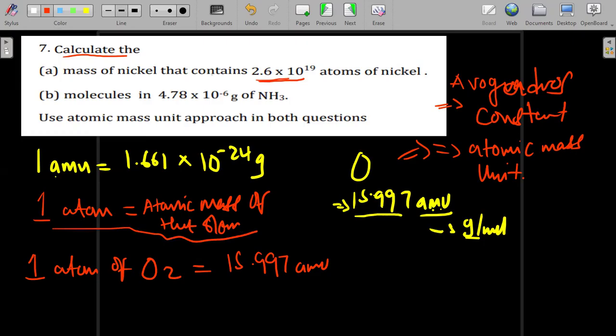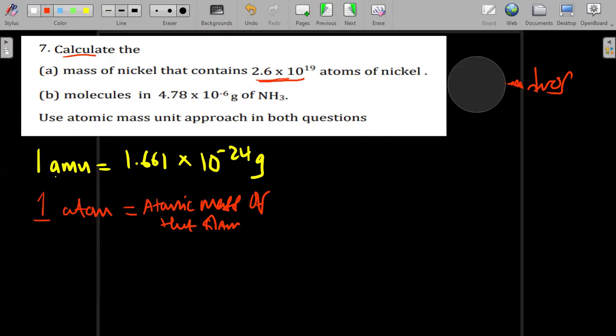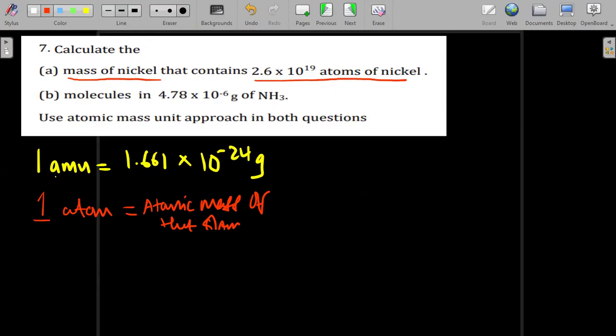We are going to use these two statements that I've outlined to find the mass of nickel that has such a number of atoms. Here we've been given nickel, and we want to find the mass of nickel that contains this amount of atoms. First, we go on the periodic table and say that one atom of nickel has the following atomic mass unit.